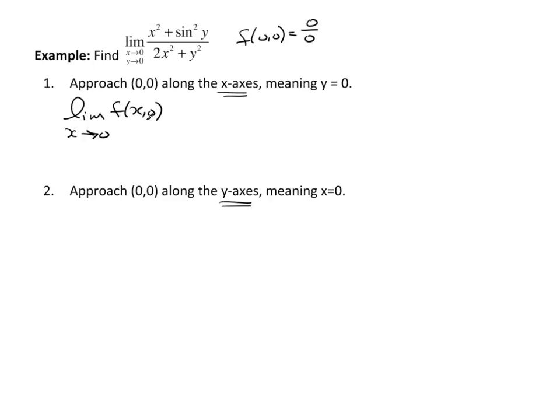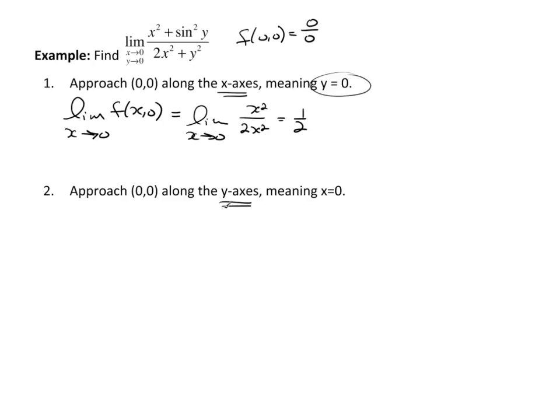So I'm letting y equal 0. So this could be equal to the limit as x approaches 0. If y is 0, I have x squared over 2x squared, which is a half. Therefore, along the x-axis, the limit is a half. That's setting y equal to 0.